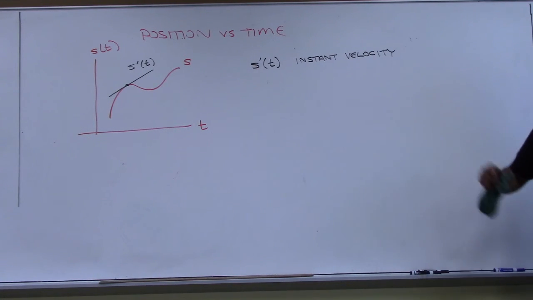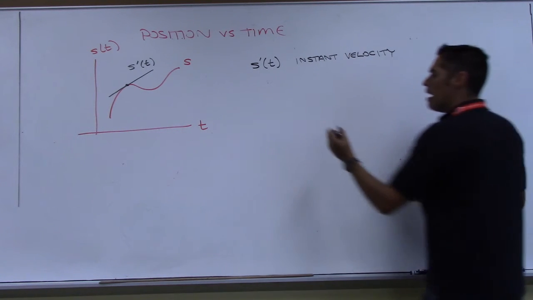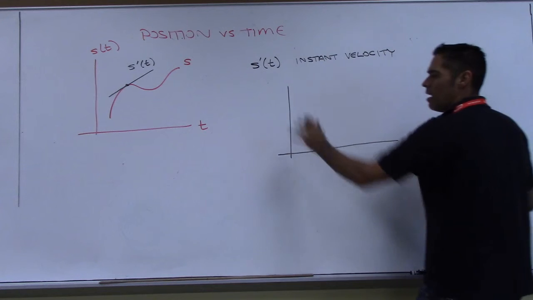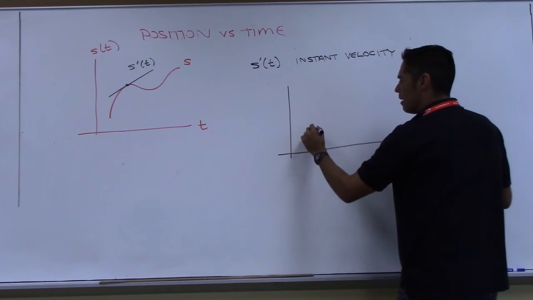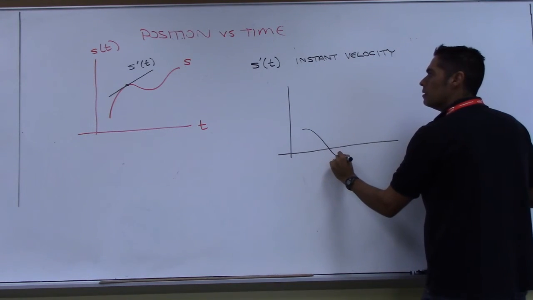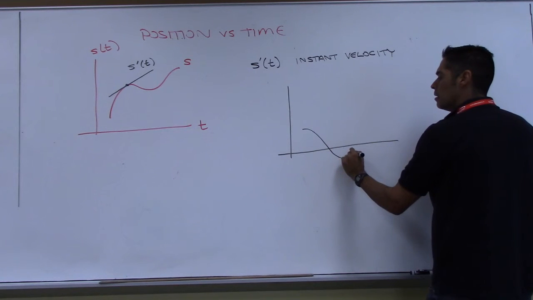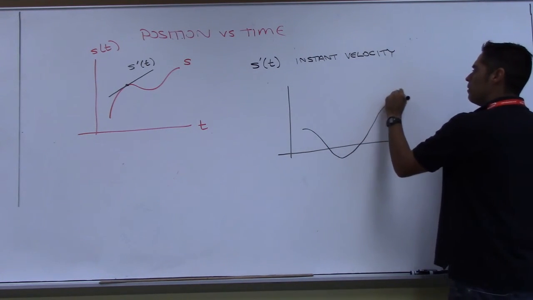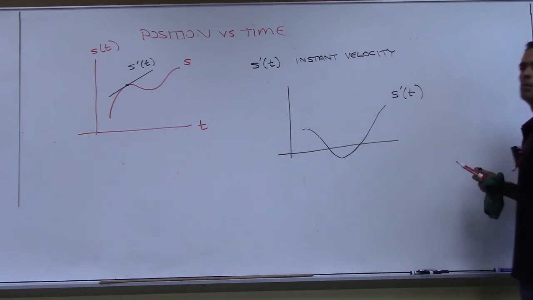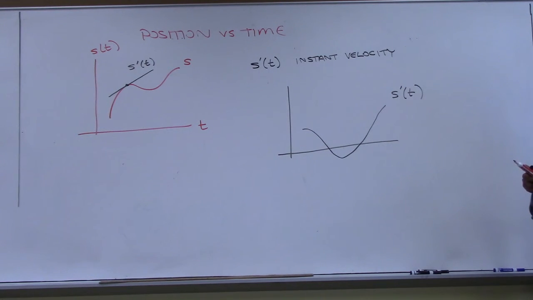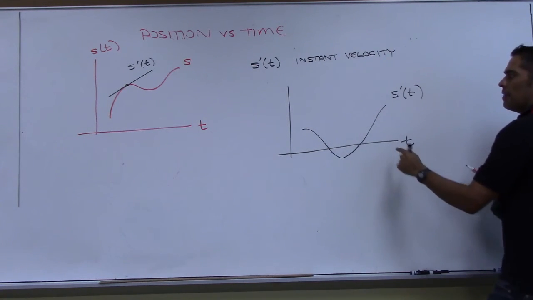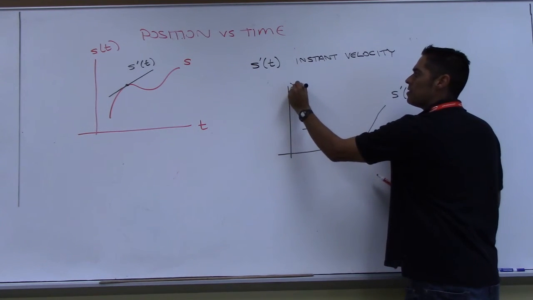But we've just said that I can graph that derivative. So what if I graph the derivative then? Now, let's not get caught up in what it would look like. It'd be something like that. That's the derivative. Then it would be time here, and this right here would be velocity.